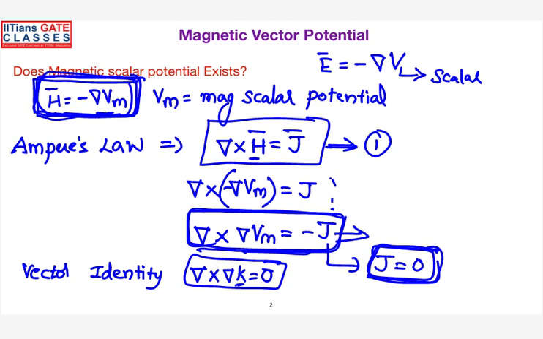So in general, the magnetic scalar potential will not exist. Is it clear for everyone? Is it clear for all of you? Magnetic scalar potential will not exist.